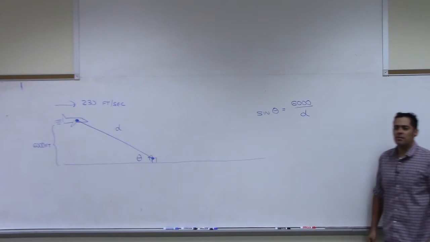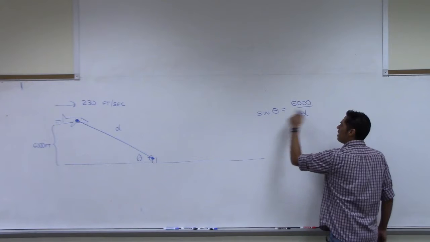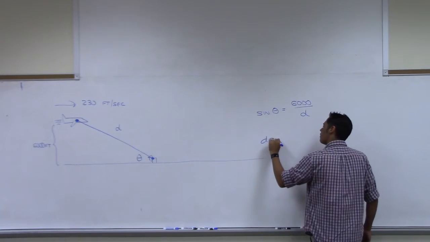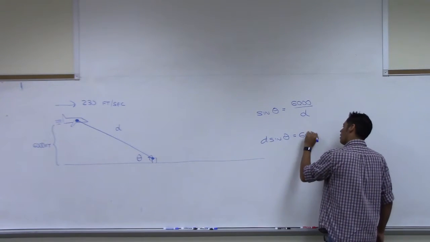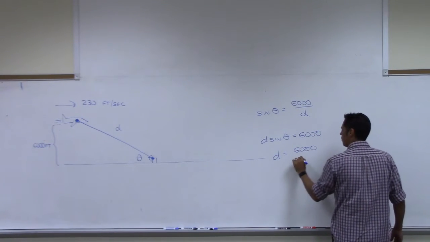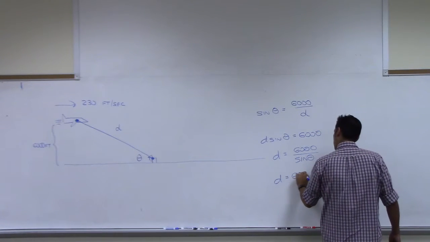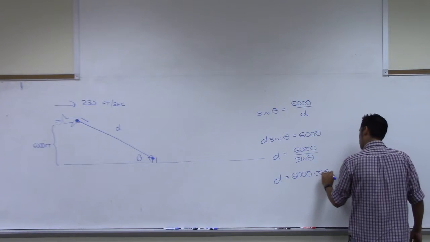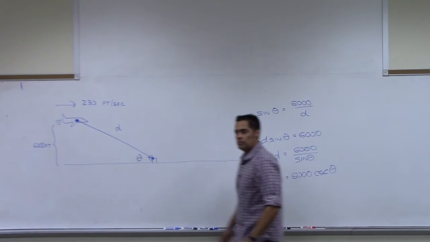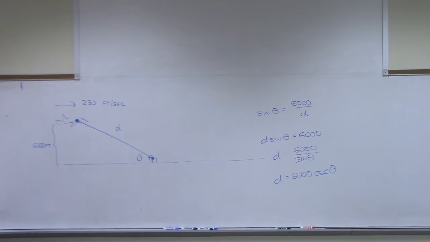So if I asked you to give me the equation for d, find me an equation for the distance, then you could multiply both sides by d, and then you could divide both sides by sine. And that's the same as 6,000 cosecant theta, isn't it? Because sine on the bottom is the same as cosecant.